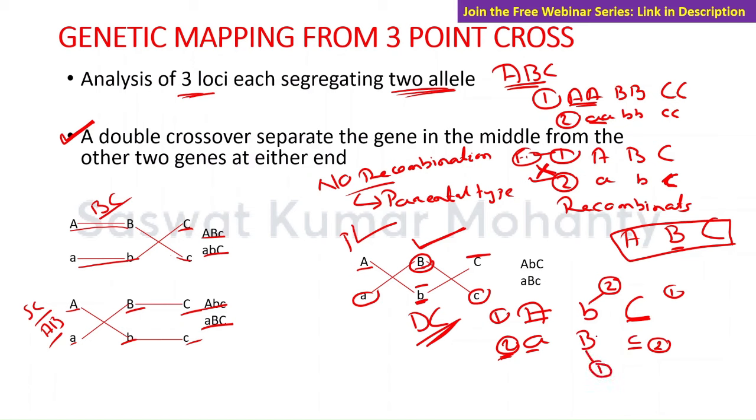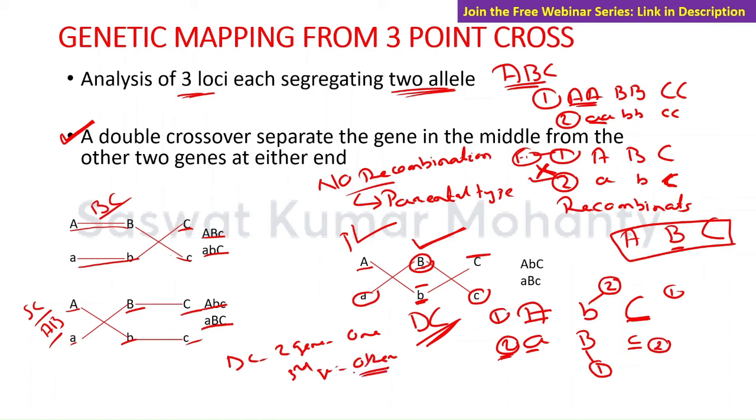What you saw here is that in a double crossover product, two genes will be from one parent, whereas the other gene will be from the other parent. Are you getting it? In a double crossover product, two genes come from one parent, and the third gene from the other parent.